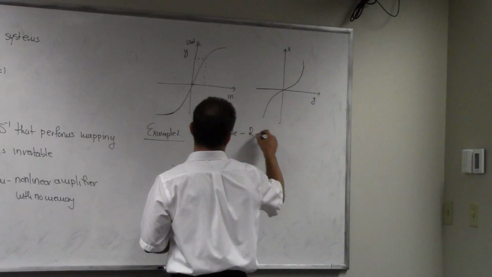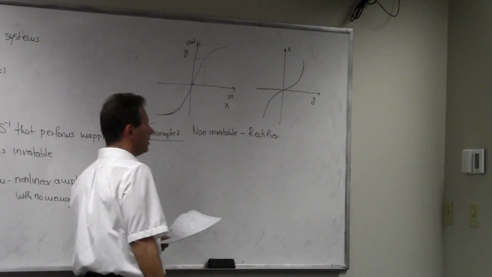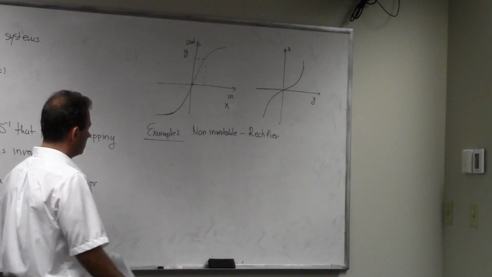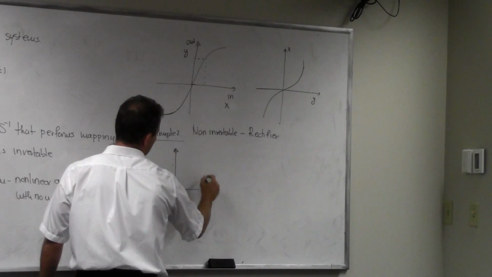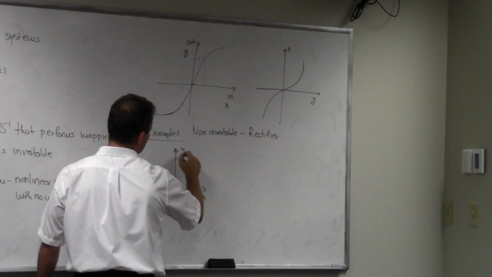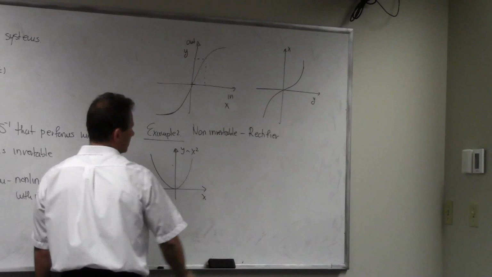That's a rectifier, for example, another commonly used system that has transfer characteristics that look like this. If this is x and this is y, then y is x squared.